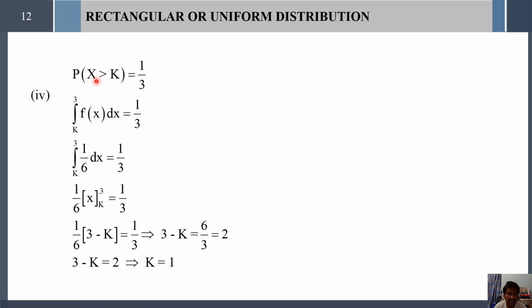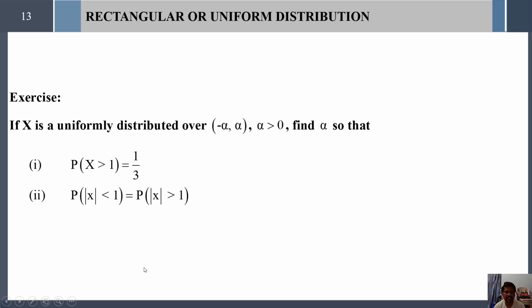The upper limit we can take from the defined interval. Therefore, integral k to 3 of f of x, which equals 1 divided by 6, then integral k to 3 of 1 divided by 6 into dx. Now take 1 by 6 outside as it is a constant and integrate, then x, substituting the limits, then 1 divided by 6 into 3 minus k, and solving this we can get easily k equal to 1. So in this fourth sub question, we were asked to find this.